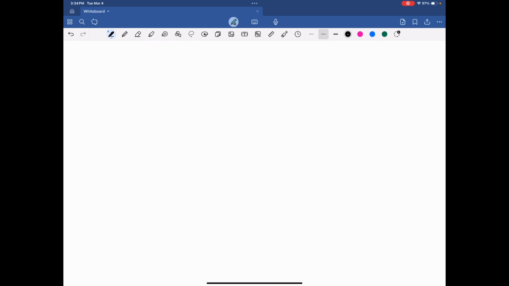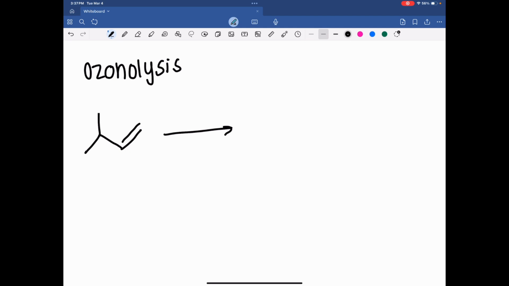Okay, last one, ozonolysis. So in my first step, I will have O3, and in my second step, I will have either SMe2 or zinc with H3O+.